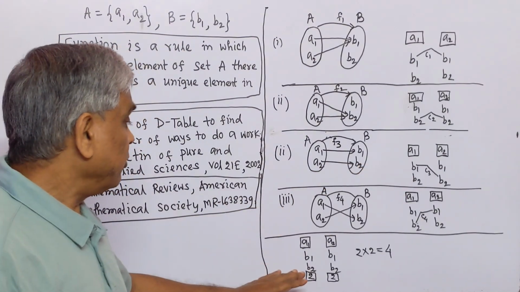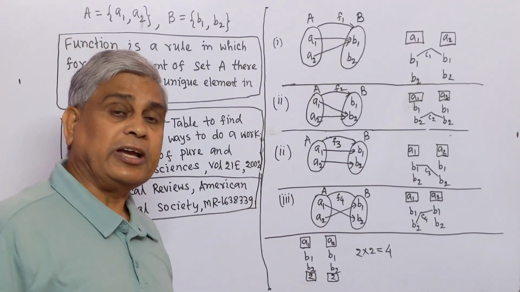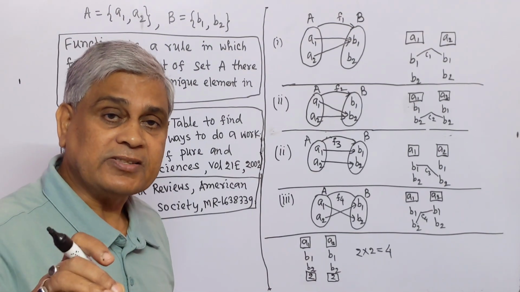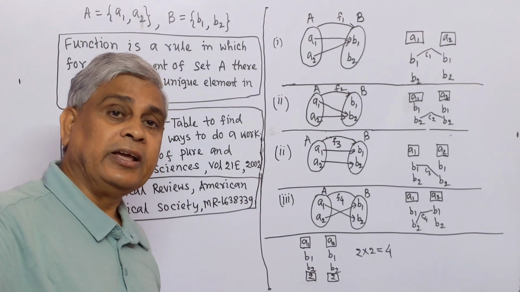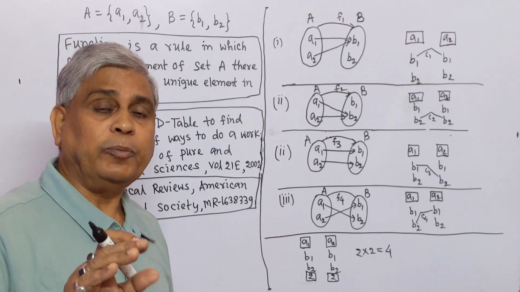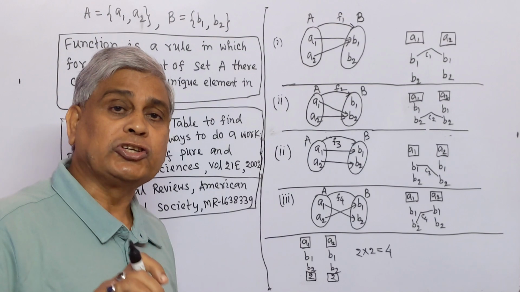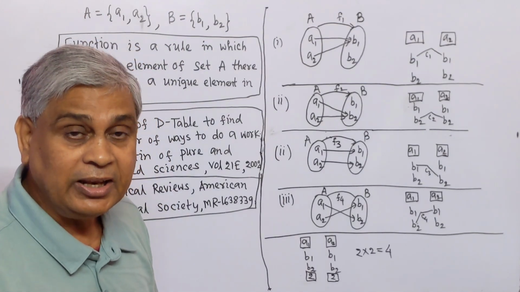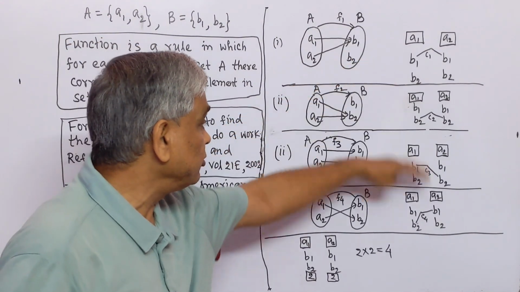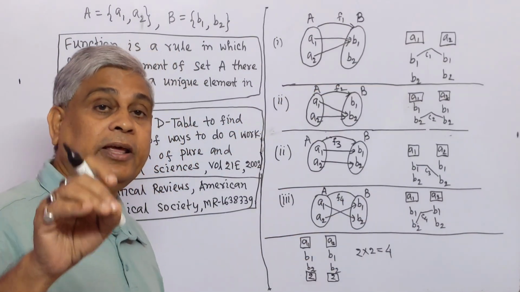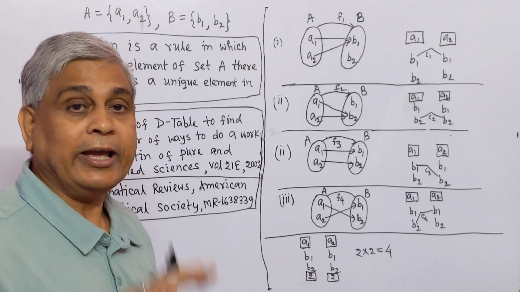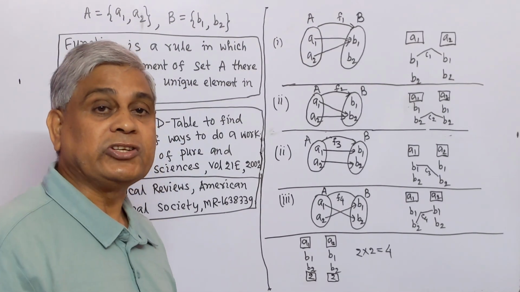So here we apply this concept to find the number of possible functions defined on a set into another set. This idea is obtained from the number of possible curves in a D table. This type of table is called a D table. D represents D.N. Garain, and I have given the concept of this table.